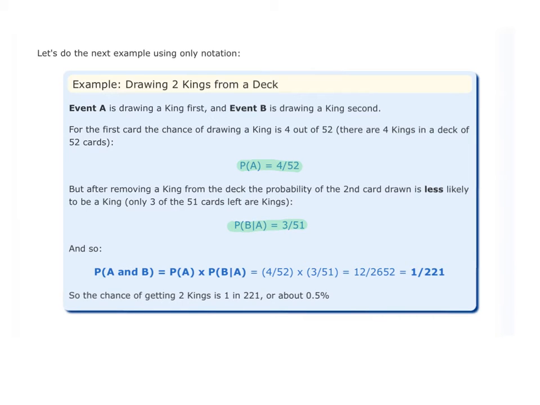And therefore, in conclusion, probability of A and B equals probability of A times probability of B given A. So I have less than half a point, less than 0.5% of a chance of getting 2 kings, right? So it's pretty slim, right?